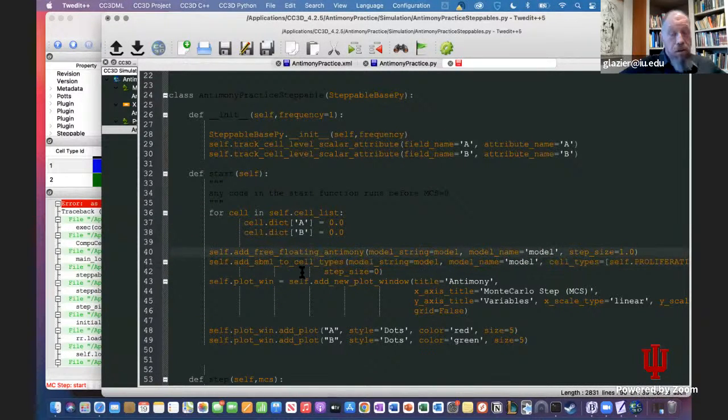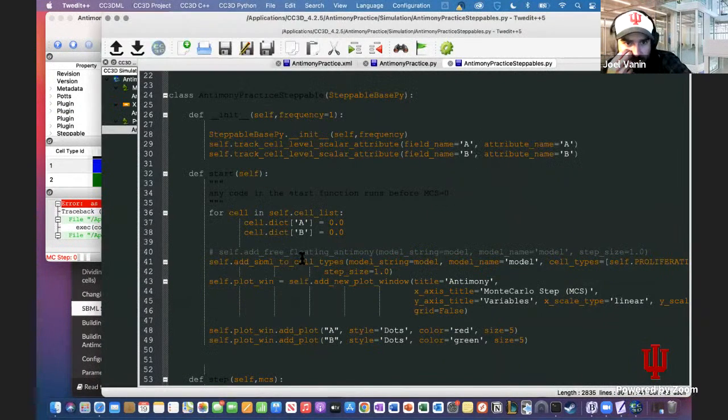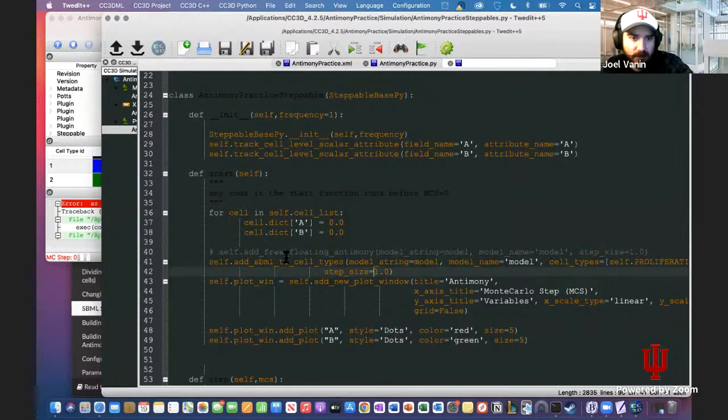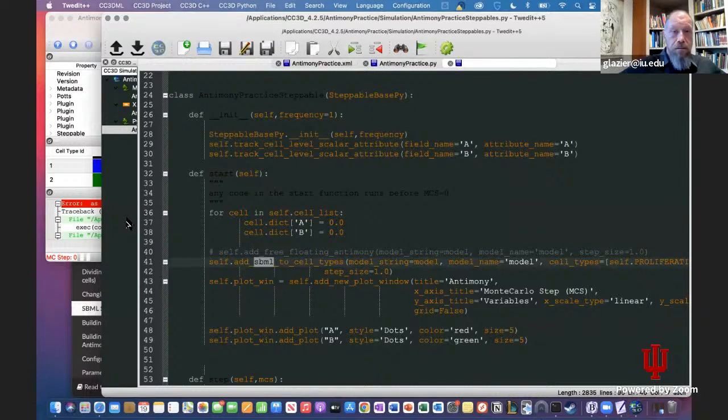It won't do any harm, but you don't need it. Also, you're adding an SBML instead of antimony. I don't know if it'll work. Do I need to make this be add antimony? Yes. Okay.